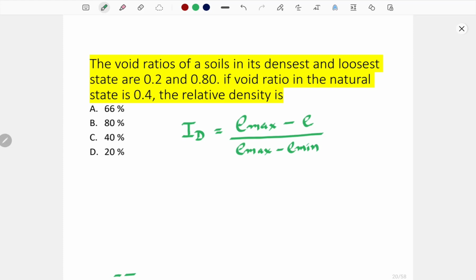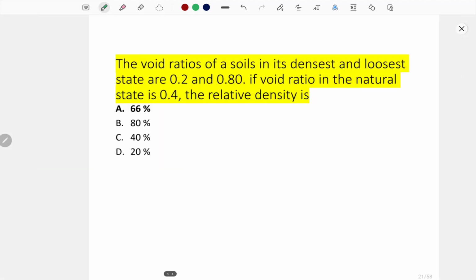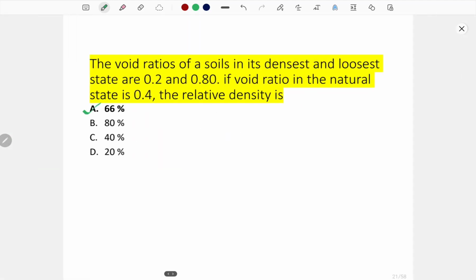If you put in all the values we have been given, small e for the natural state, and these two values are e maximum and e minimum, you will get the value of ID. As obvious, you need to multiply this by 100 so that you can get it in percentage. So based on that, if you put in all the values, you will get the value of ID. So the right answer for the question is 66%.